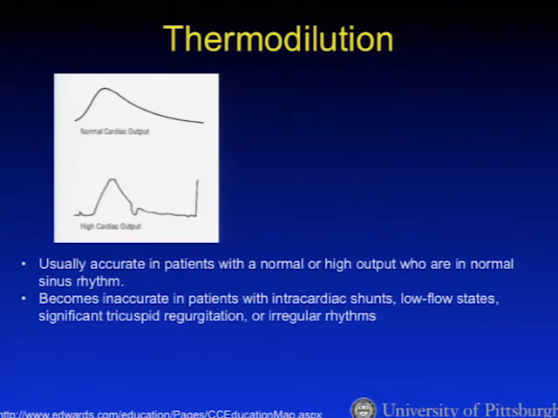This is pretty accurate in patients with normal or high output in sinus rhythm. But in patients with intracardiac shunts, since you're only measuring right-sided output, this does not necessarily reflect left-sided output. And in low output states, or those associated with significant TR, this becomes problematic.